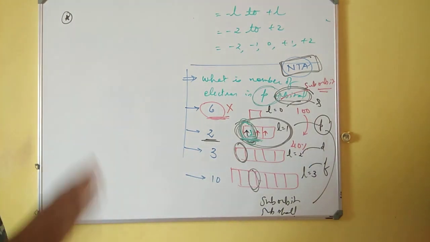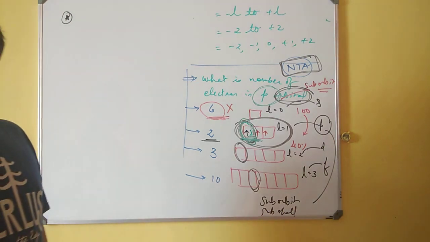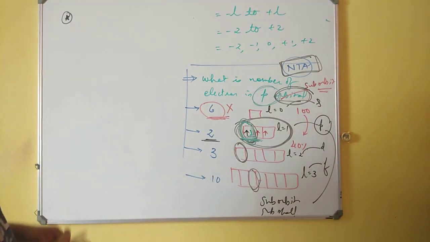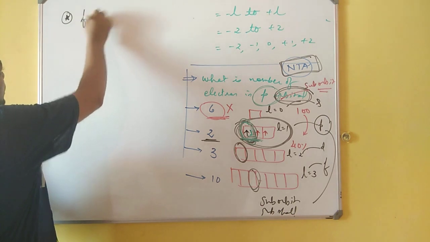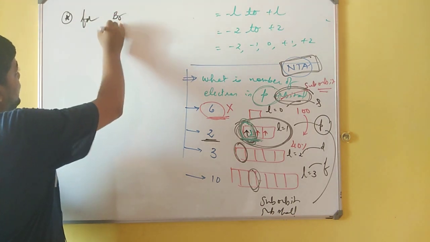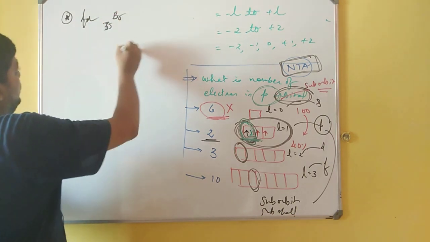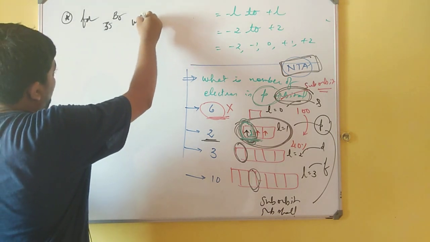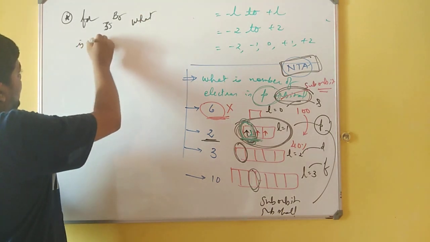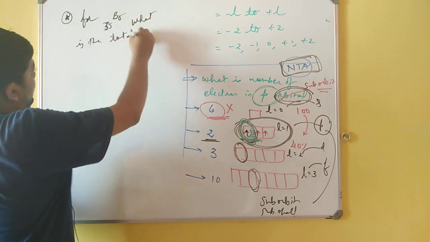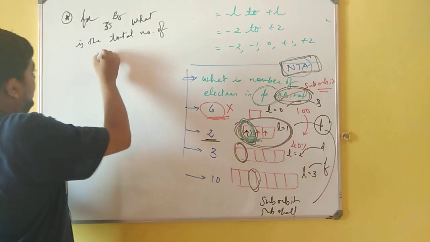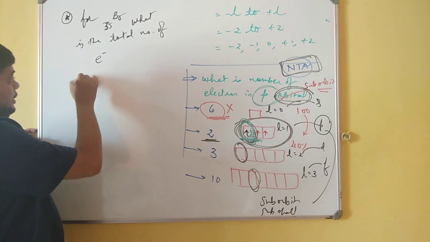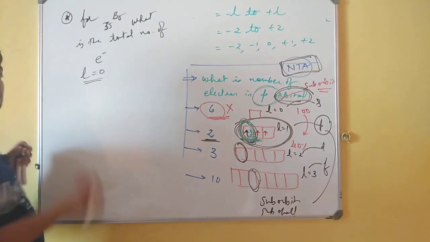From all these questions, sometimes in quantum numbers they say that for bromine 35, what is the total number of electrons having L equal to 0?